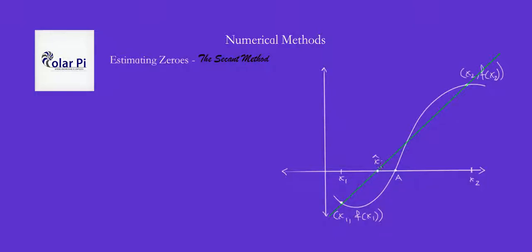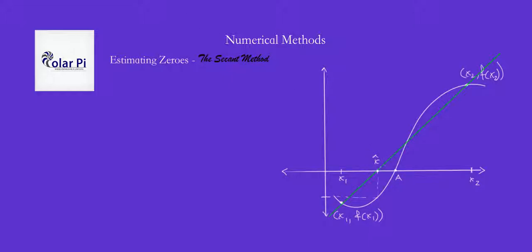Well, we're going to evaluate the function at x hat and then decide whether or not the function's value at x hat is positive or negative. Clearly, this time, the function's value at x hat is negative, and it's some negative value over here. And all we care about is whether or not it's positive or negative. Since the function's value at x hat is negative, we're going to replace x1 with x hat.